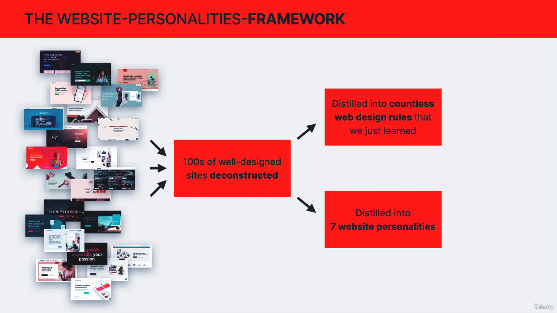And this will help you a lot when you have to take your own design decisions in the future, because the web design rules that we learned before will have to be applied according to the personality that you chose for your design. And so, once you have a personality chosen, your design choices are going to be a lot more limited, which will actually make it a lot easier for you to create a consistent and good-looking design on your own. So, let's now see how the process of choosing the personality actually works.